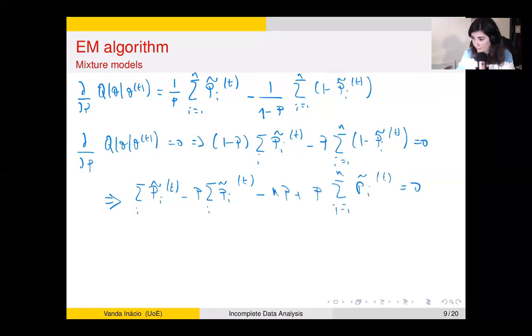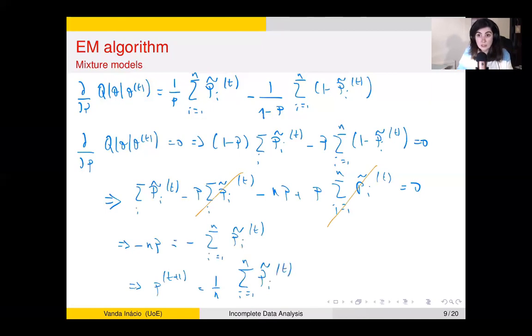And now I have that these two terms cancel, and I already have the M step, or my updating equation for P, the weight of the first component of my mixture model, and it is given by this equation.